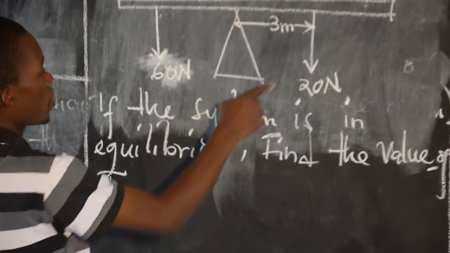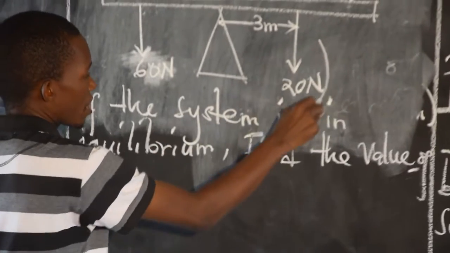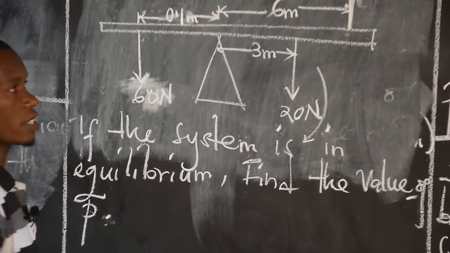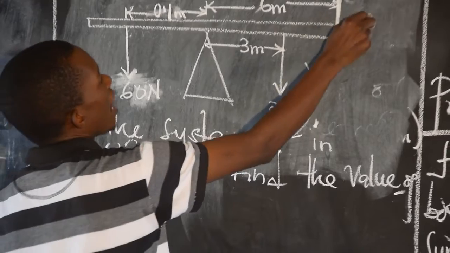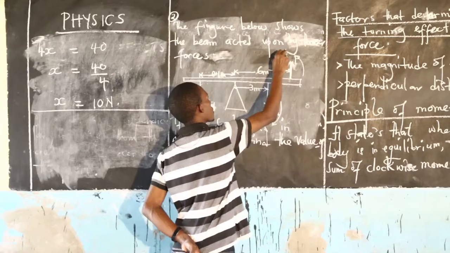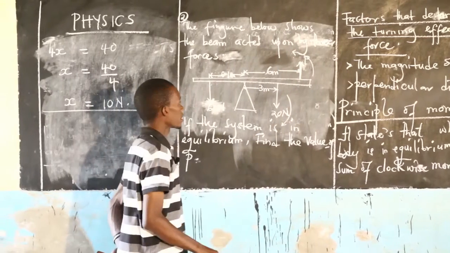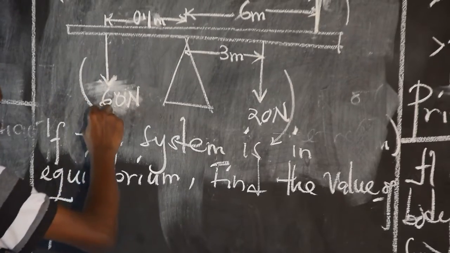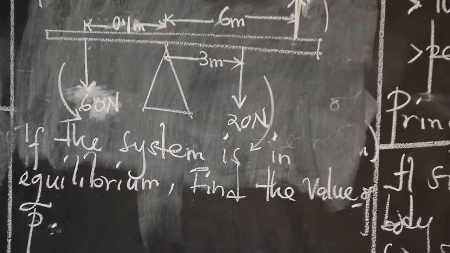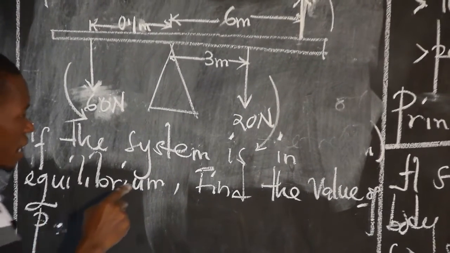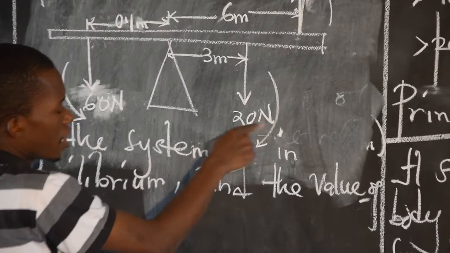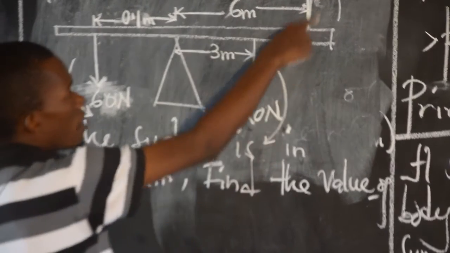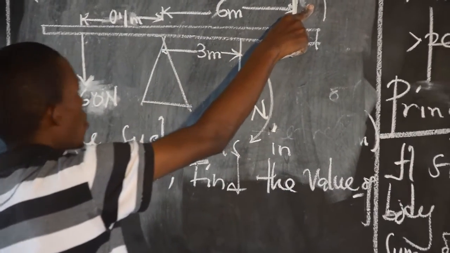Now, if you try to see, this one is pulling this side downwards, but the other one is saying, I'm not going. This one, they say, you need to go down. Can you identify? You are seeing that force 20 is in clockwise moment. Force P is in anti-clockwise moment.